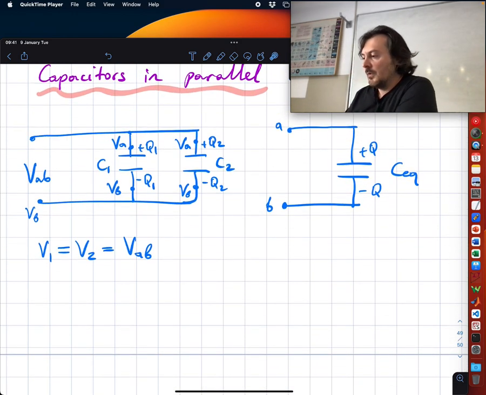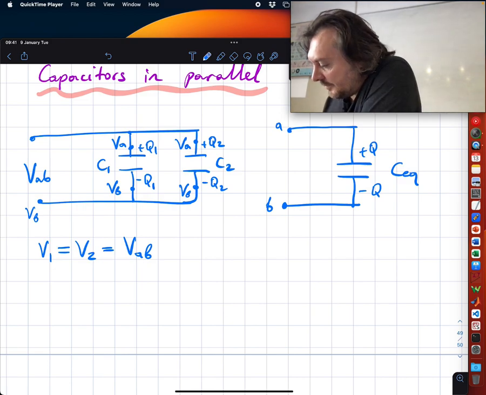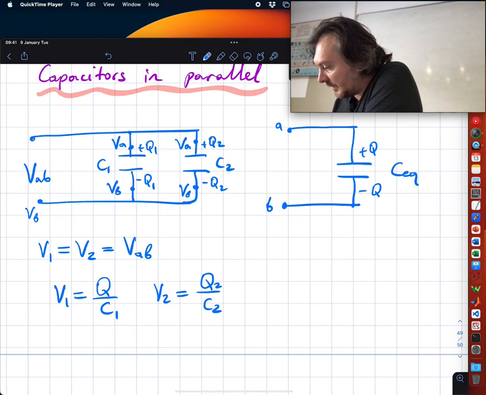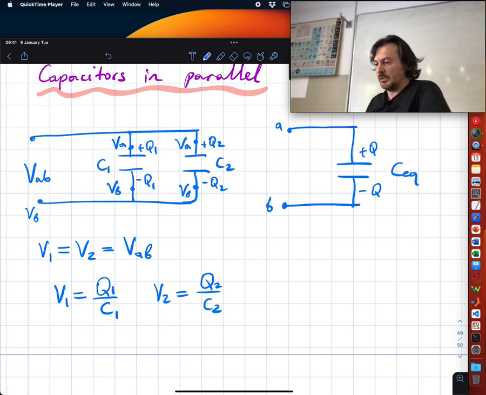Good. So what do we have here? We have V1 equals Q1 over C1, V2 equals Q2 over C2. Right? But V1 is equal to V2, and they are both equal to VAB.